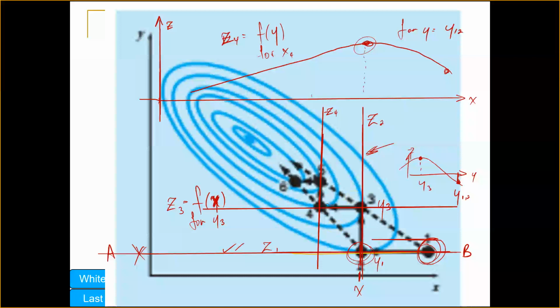This line is cutting through contours, but when it gets here, it becomes tangential. So we know that it's at the peak for the red line. Okay? Let me keep going.